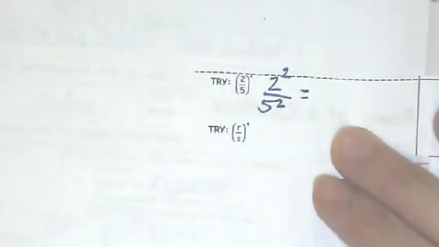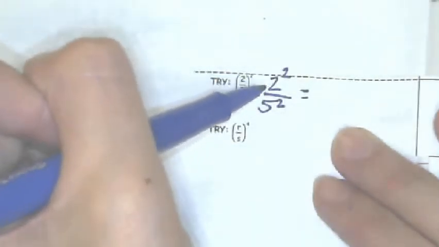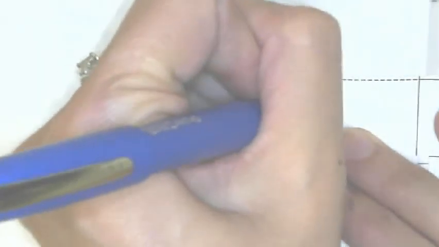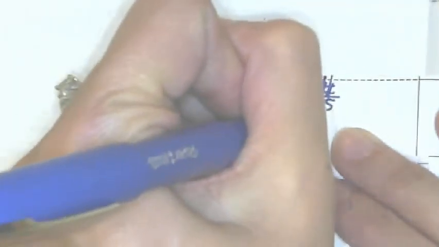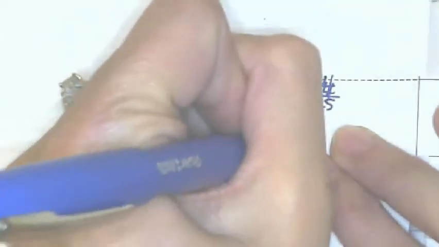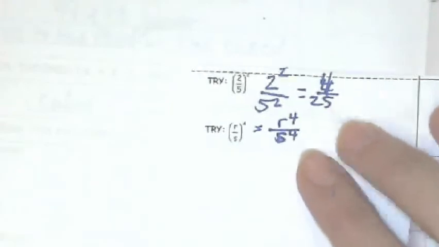If I wanted to put this in standard form, I'd say 2 times 2 is 4, and 5 times 5 is 25. Same thing here. I have r over s to the 4th power. So basically, you're just doing r to the 4th over s to the 4th. That's all you're doing, and you're done. That one was power of a quotient.